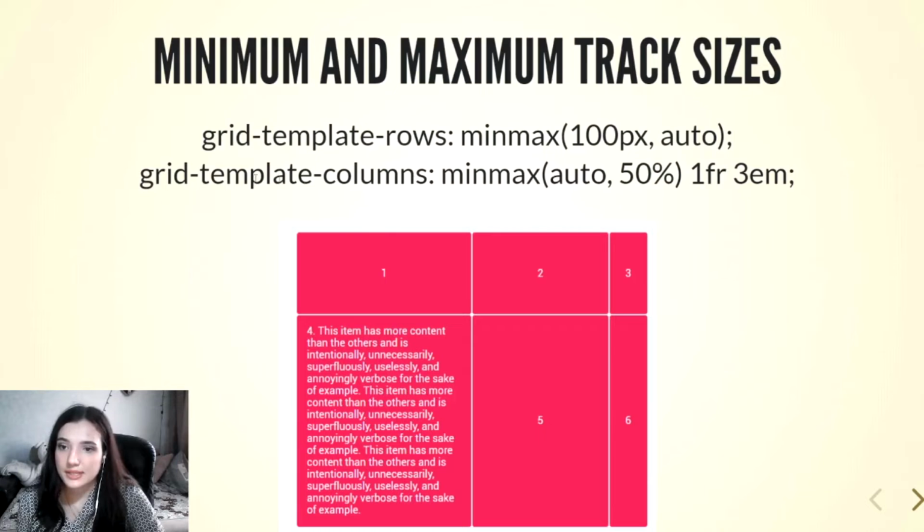In our second example, we set the property grid-template-columns, and this column track has a minimum size of auto, but its maximum size of 50% will prevent it from getting wider than 50% of the grid container width.